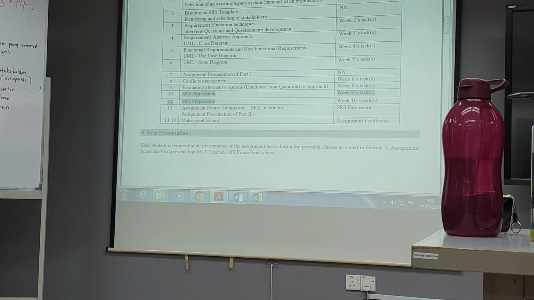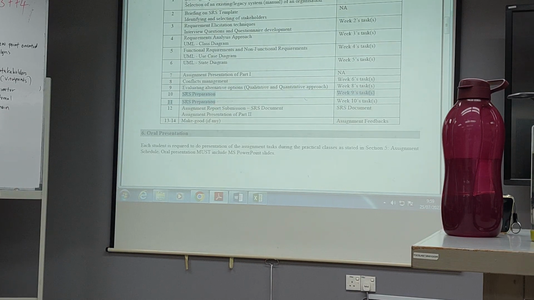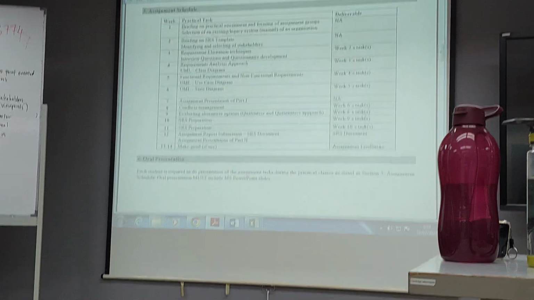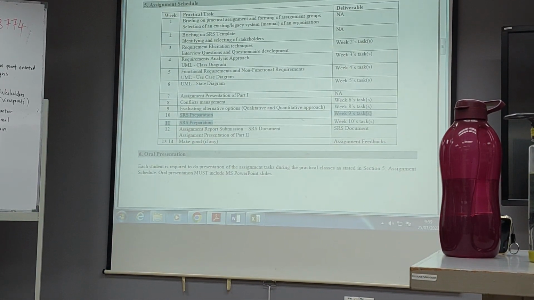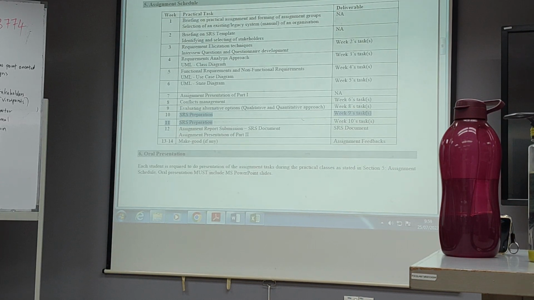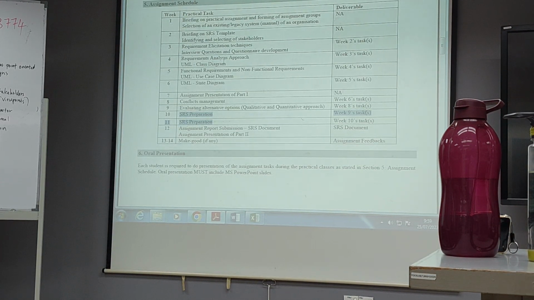But I don't wait until week 10. I start briefing you here itself, so at least you do it little by little. By the time you reach here, your SRS is just nice for you to compile, put everything together, and fix any inconsistency among the members.